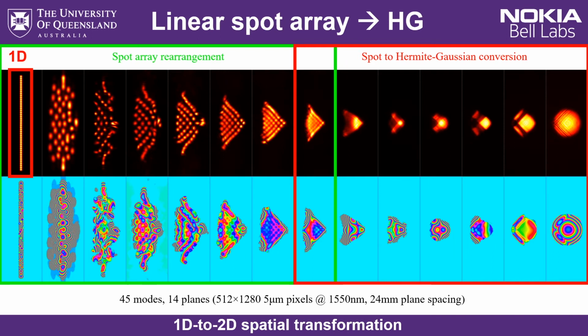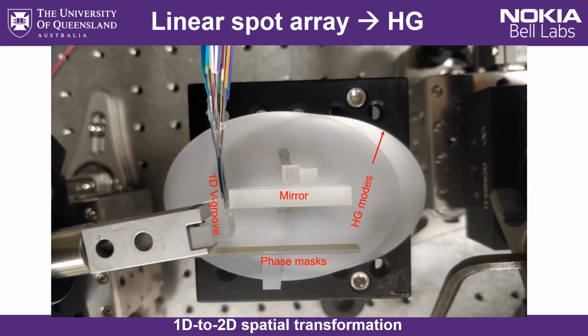So all the spatial information is conserved for those 45 modes through that transformation, and it's all mapped onto a single line. It's a 2D to 1D transformation. That's what one of those looks like in practice, implemented on a lithographically etched phase mask. So spots come in from a V-groove array on the left, and then they're mapped to a 2D HG mode set on the right through 14 reflections off the phase mask.